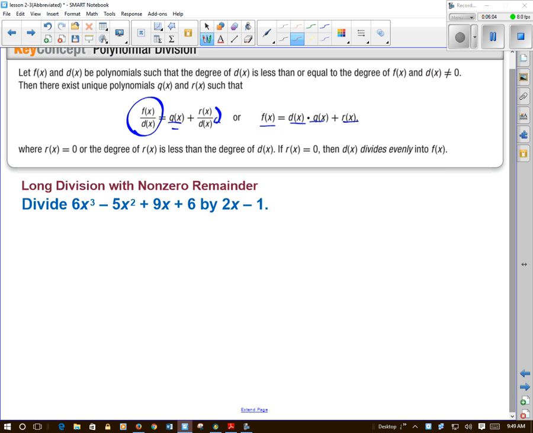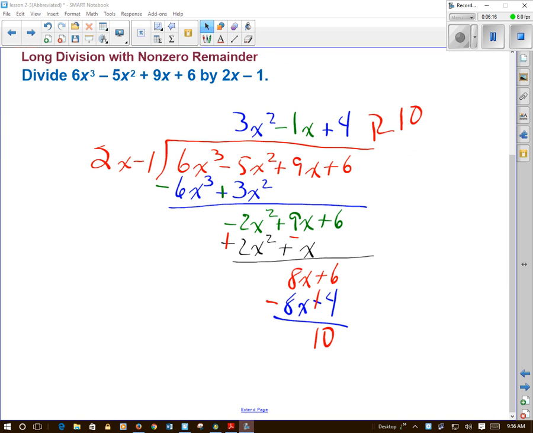So work out the long division on this, and make sure you get the same thing that I come up with on mine. So pause the video now and work this out. And so we see that works out to be 3x squared minus x plus 4 with a remainder of 10. So there's one interpretation of our answer.